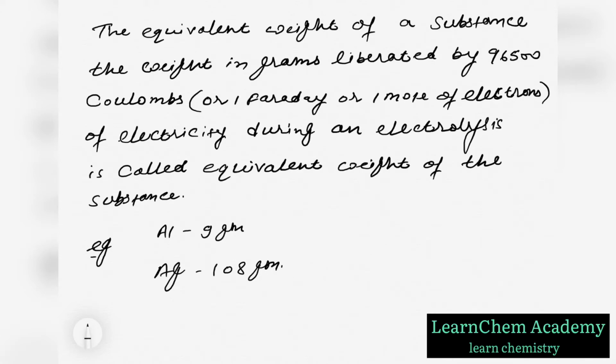Okay, because we can't compare every element with hydrogen, oxygen and chlorine. That is not possible or not feasible. Second, we can't calculate equivalent weight by electrolysis with all the metals or all the elements. So we can use different alternative ways to calculate equivalent weight, which we are going to discuss now.